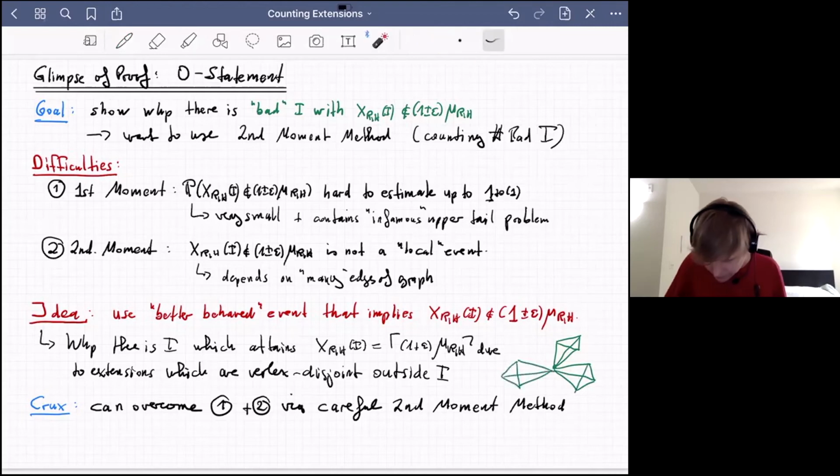So here the key point is that all these copies here, they're vertex disjoint. Okay, so again, we just specify one particular way we want to get too many copies in this case. And we do it using an event that has a lot of structure so that we can estimate things. Because, you know, if things are vertex disjoint outside i, you can imagine that you can calculate such probabilities very precisely because you know exactly what is the situation that must happen.